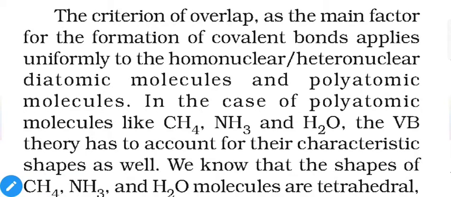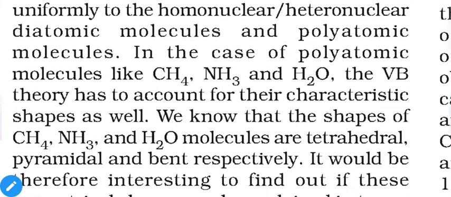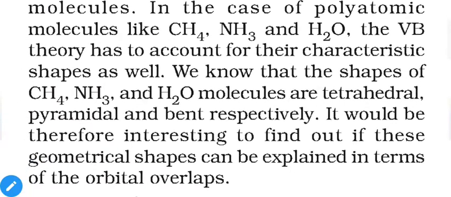In the case of polyatomic molecules like methane, ammonia and water, the valence bond theory has to account for their characteristic shapes as well. We know that the shapes of CH4, NH3 and H2O molecules are tetrahedral, pyramidal and bent respectively, as we discussed in the previous theory. It would therefore be interesting to find out if these geometrical shapes can be explained in terms of orbital overlaps.